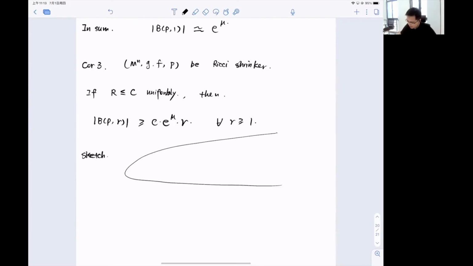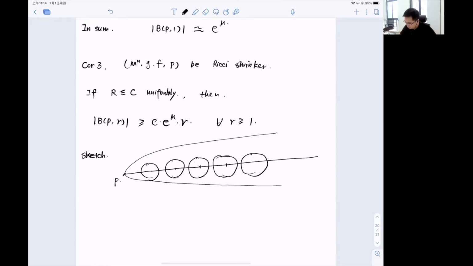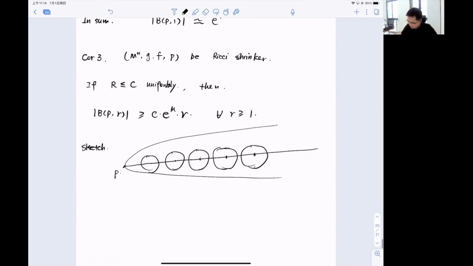Now assume that we have a Ricci shrinker with the base point p, then we construct a geodesic ray from p. Then we can cover this geodesic ray with disjoint unit balls. If this geodesic ray is denoted by gamma, then we define p_i to be gamma(2i). Here is p_1, then p_2, and so on.